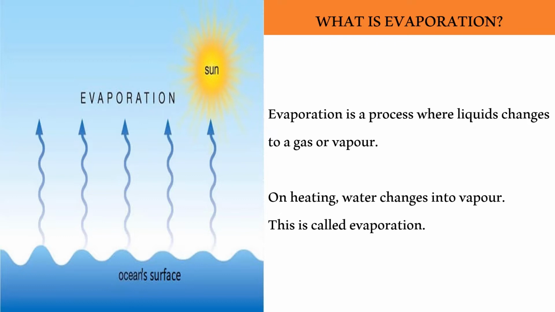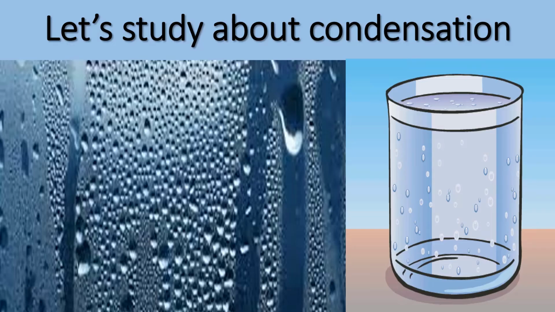But outside, when we have oceans, seas, rivers, lakes, how is the water getting heated up? It's due to the heat of the sun. So when the sun is heating up, the water is converting into steam or vapor, which is going up. That is called evaporation. Remember this.